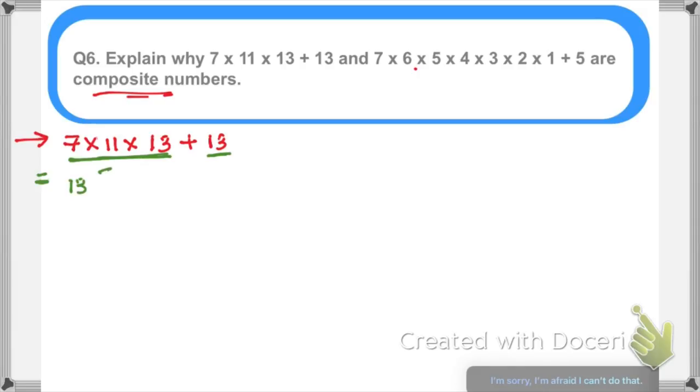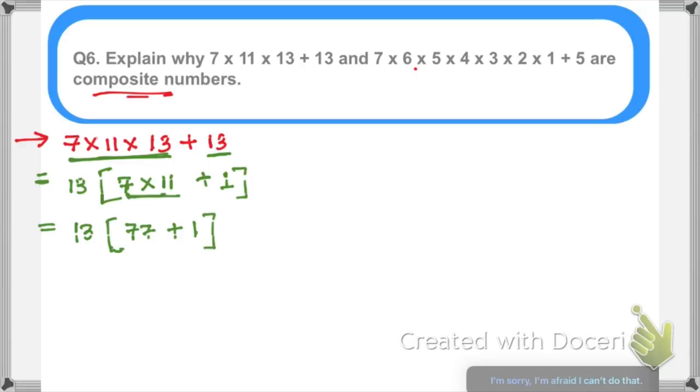Taking 13 as common, you will get 7 into 11, and as 13 is taken as common, inside you will get 1 within the bracket. Now you can write 13 into 7 into 11, that will be 77 plus 1.